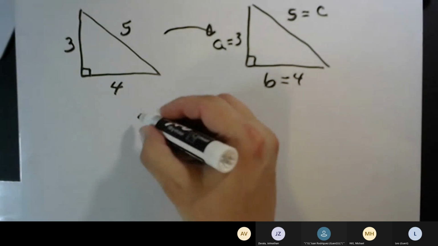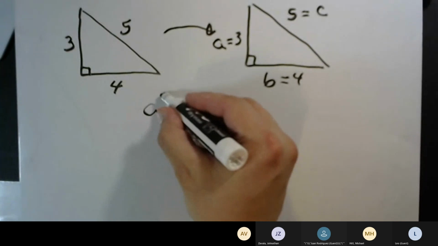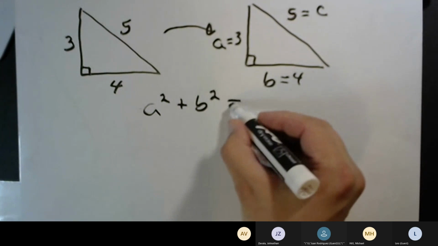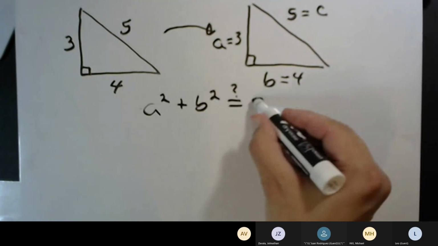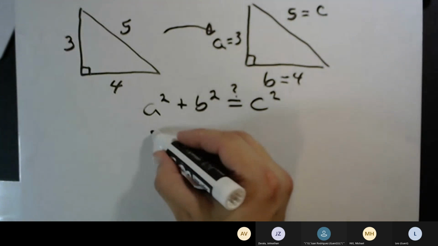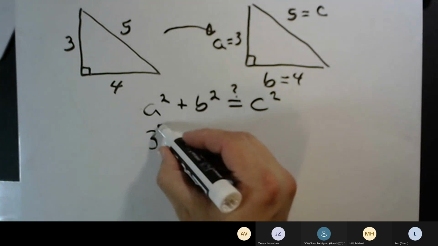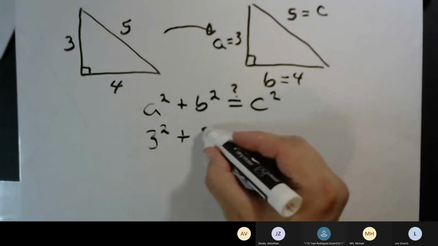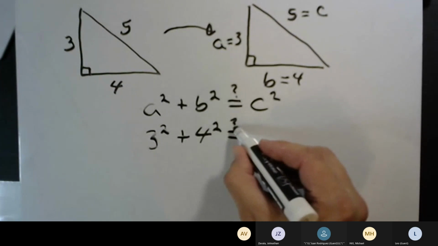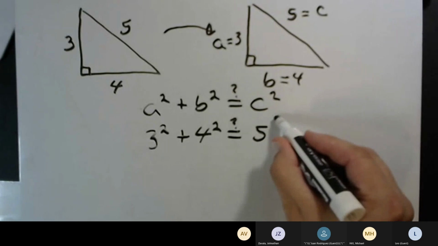So according to the Pythagorean theorem, a squared plus b squared should equal c squared. But does it for this triangle? Well, we know a is 3, so does 3 squared plus 4 squared equal 5 squared?